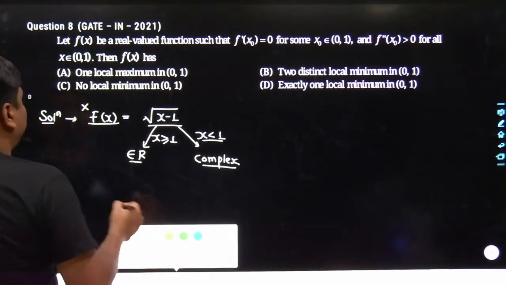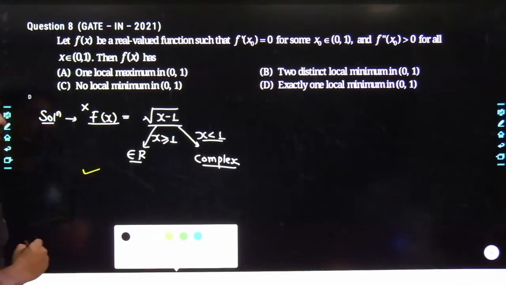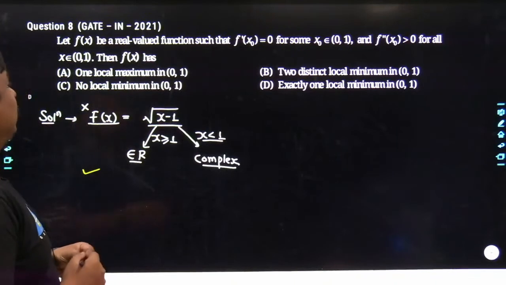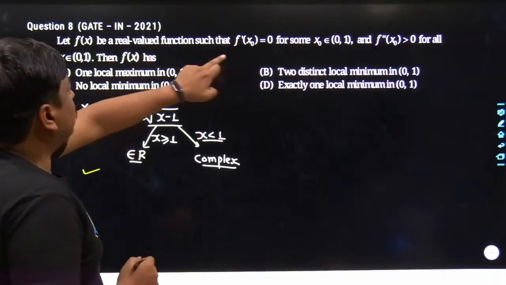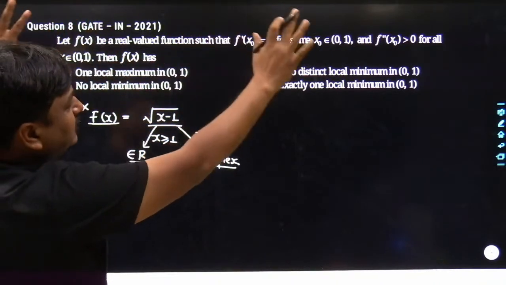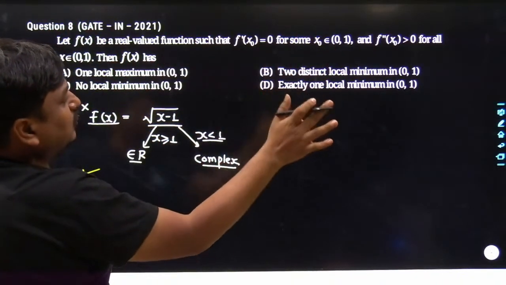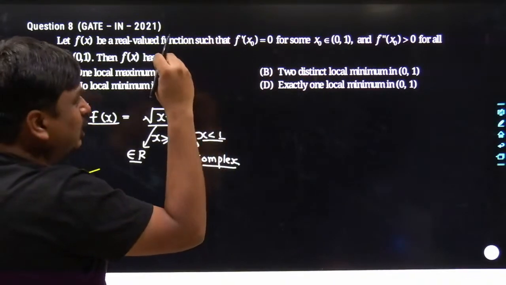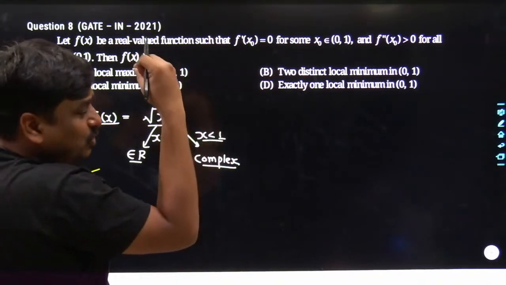Still, let me write a few more pieces of data which are supplied along with this problem. See, within the open interval of 0, 1, my complete analysis has to be made over this open interval. Either it is a maximum, or a minimum, or two distinct minima, or two distinct maxima.